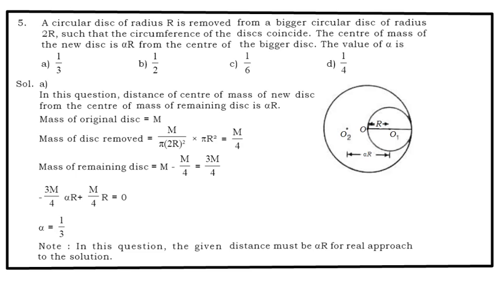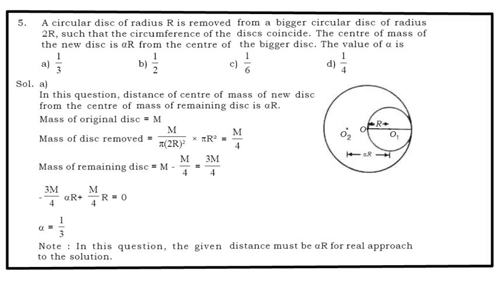Now we have two bodies. One body is the remaining circle and one body is the circle which is being removed. The distance between the center of the new shape and the center of mass is alpha into r. I will take moment about that particular point. So that moment would be 3m upon 4 into alpha r plus m by 4 into r, equal to 0.